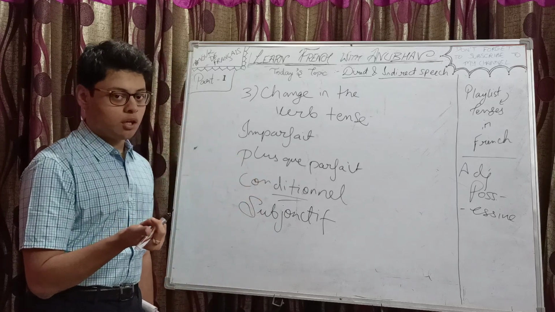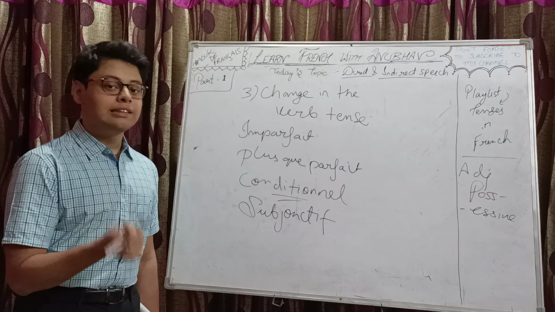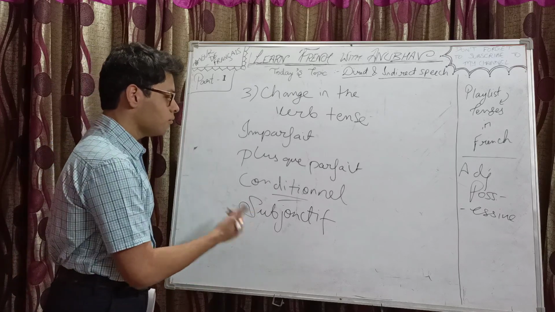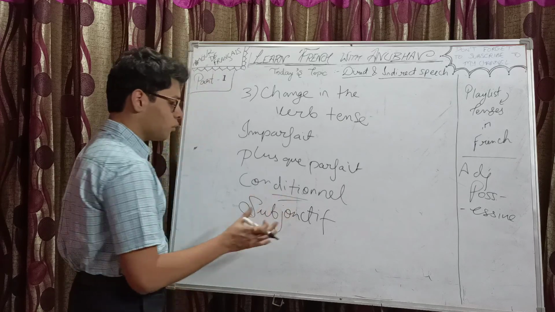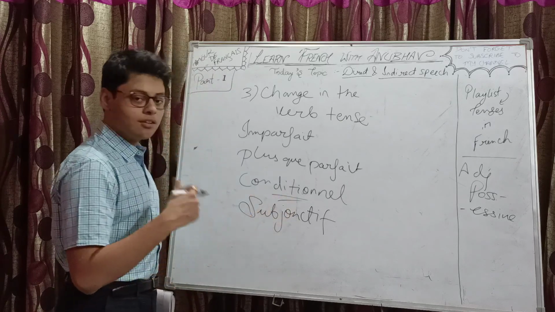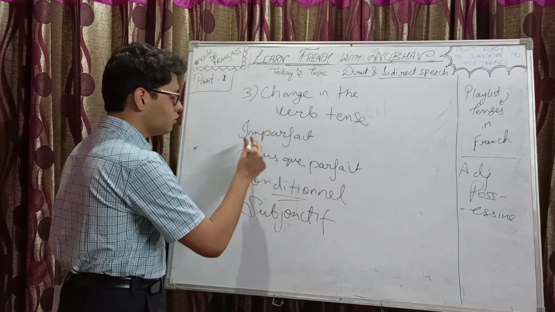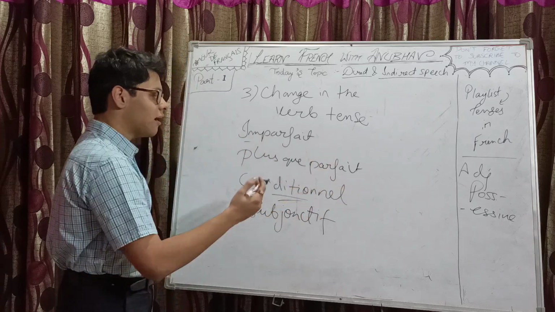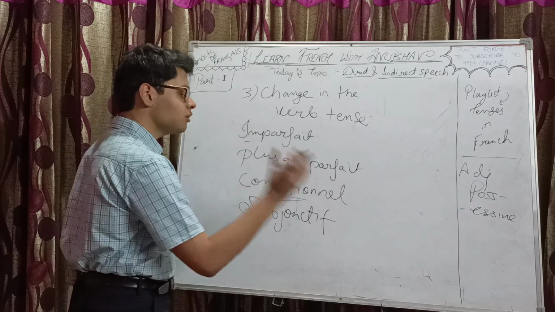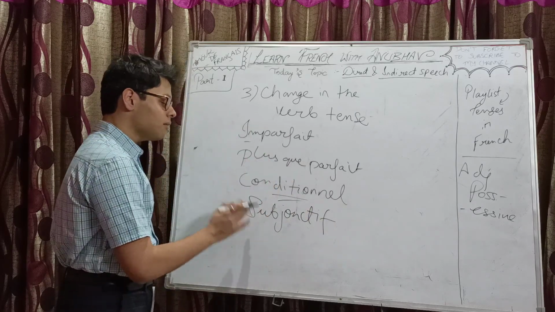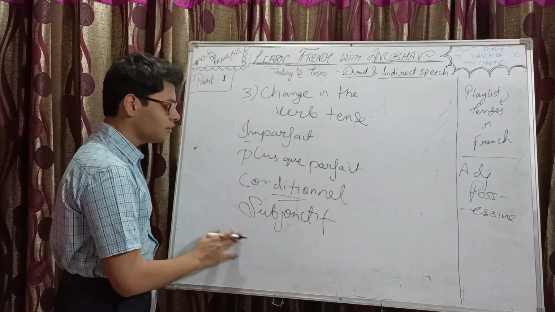Conjugation will change for sure, as it will depend on the subject, but the tense won't. Okay, so imparfait will remain imparfait in direct and indirect both. If indirect is plus que parfait, it will remain plus que parfait. Similarly, the same thing goes for conditionnel and subjunctive.